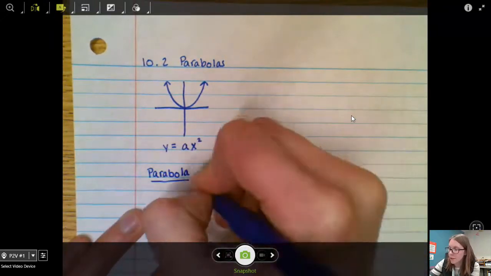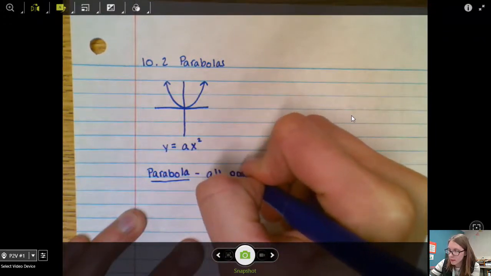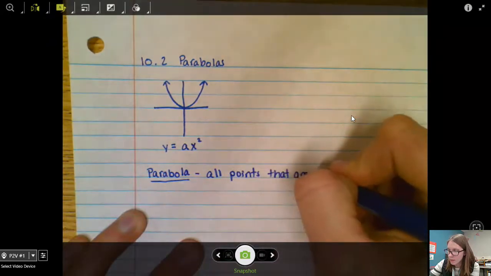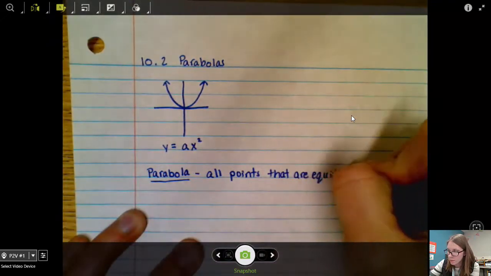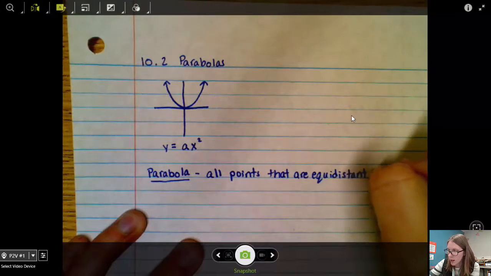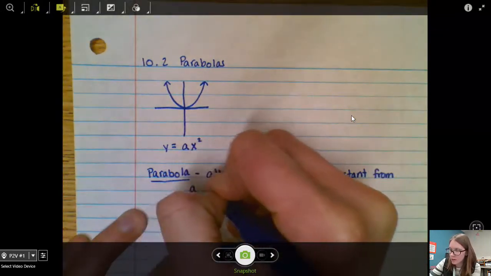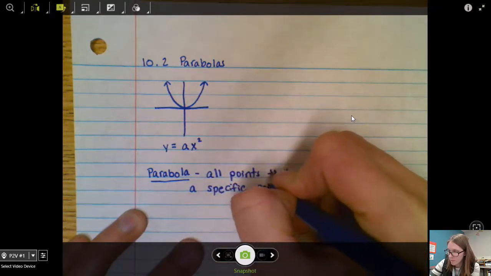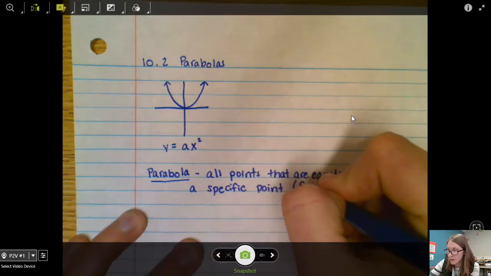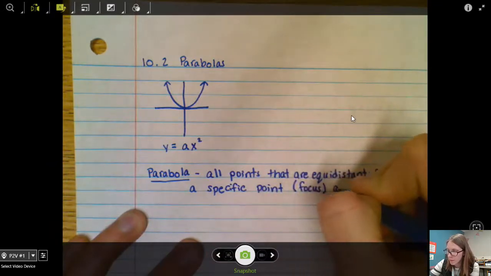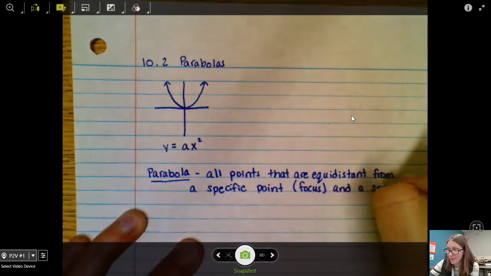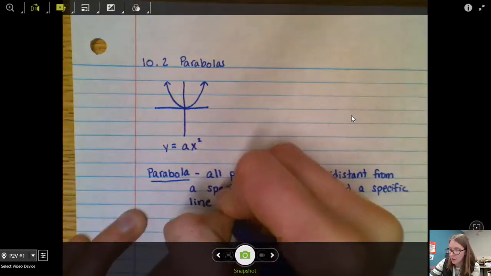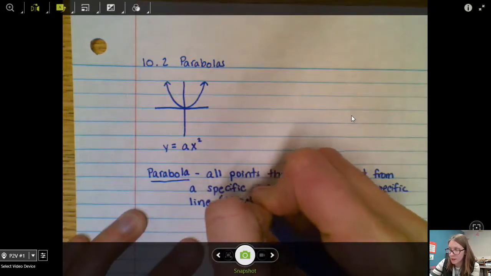A parabola, by definition, is all points that are equidistant from a specific point called the focus and a specific line, and that specific line is called the directrix.